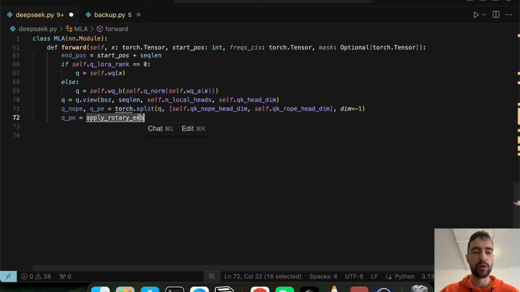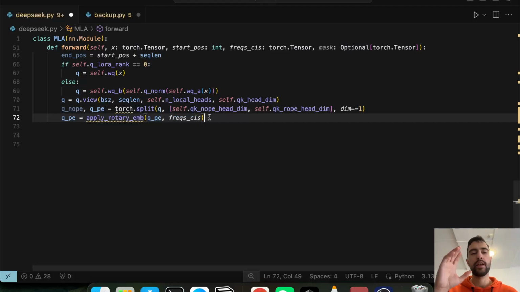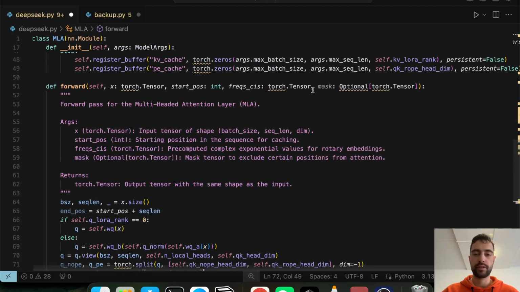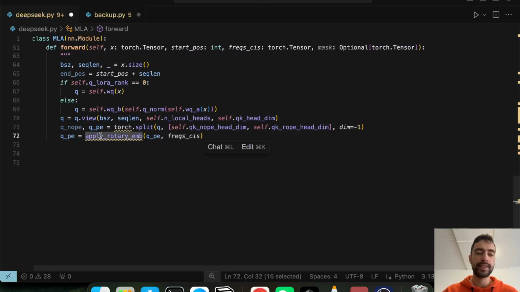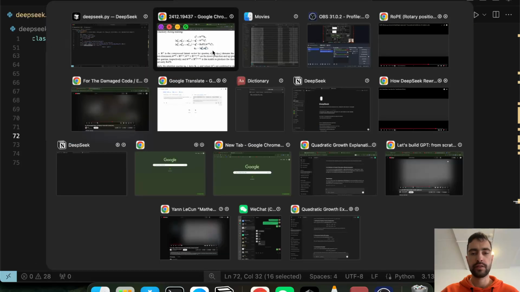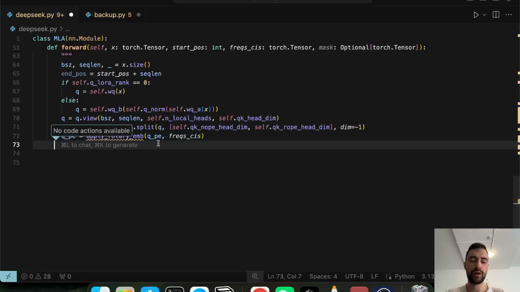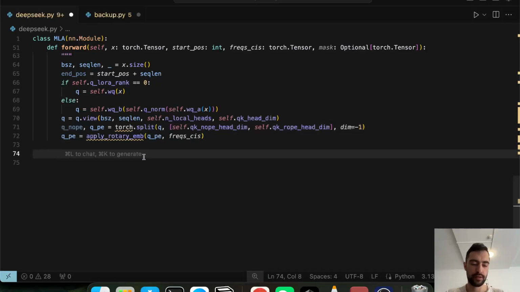We will apply rotary embeddings and pass in this vector that we split here and these frequencies that I explained before. This is the input variable here. This is also a custom written function. We will leave it at that for now.